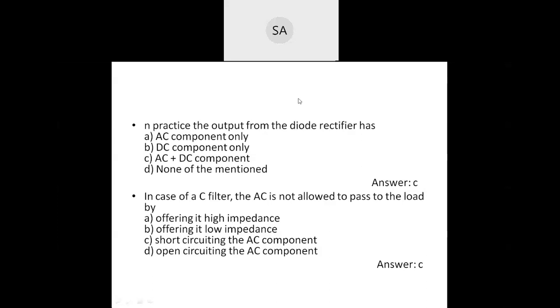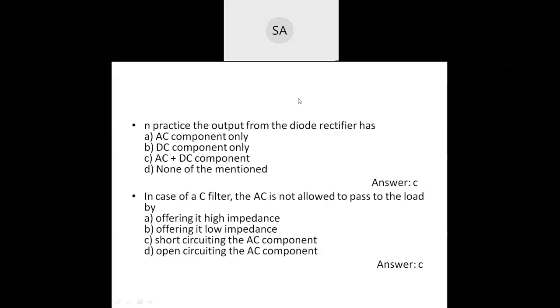In case of a C filter, a capacitor filter, the AC is not allowed to pass to the load by offering it high impedance, offering it low impedance, short circuiting the AC component, or open circuiting the AC component. In the case of a capacitor filter, AC is not allowed to pass to the load.